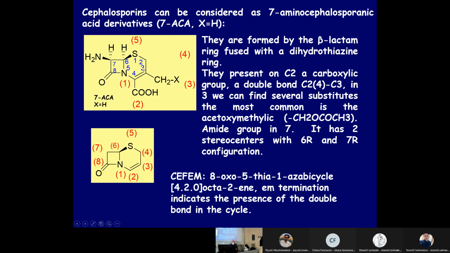We can analyze the chemical structure of cephalosporins. Once again, you can see the four-term beta-lactam ring, but now we have a six-member ring fused with beta-lactam.